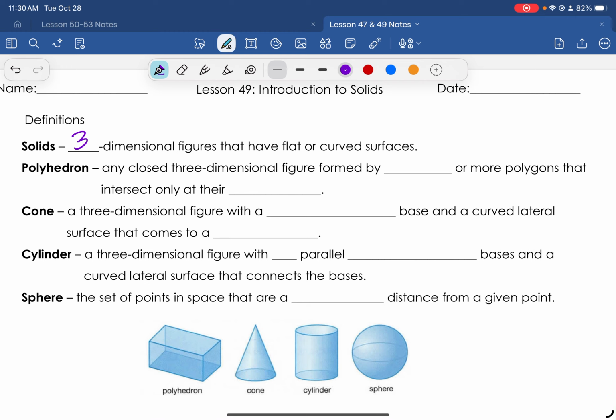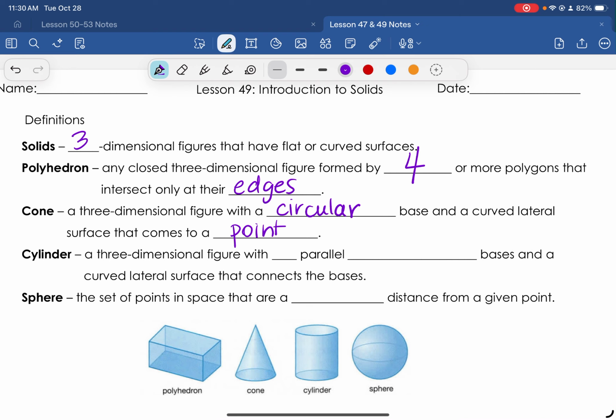A polyhedron is any closed 3D figure formed by 4 or more polygons that intersect only at their edges. A cone is a 3D figure with a circular base and a curved lateral surface that comes to a point.